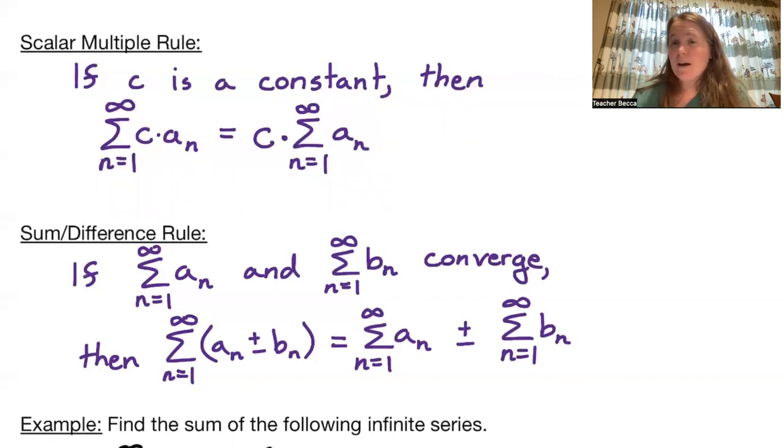So as long as we have convergence, we can split series across sums or across multiplication by a scalar. It's key that we have convergence of the pieces that we're splitting up.